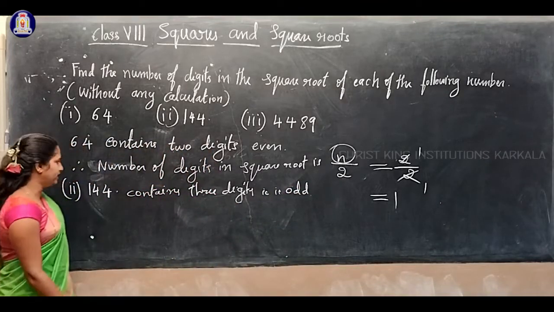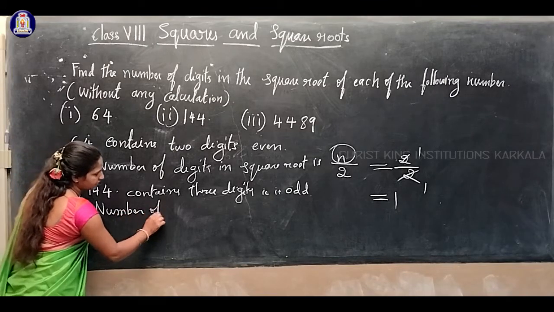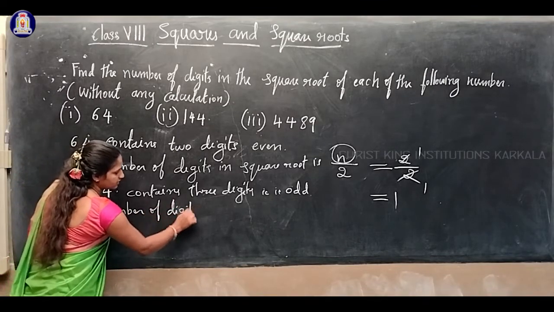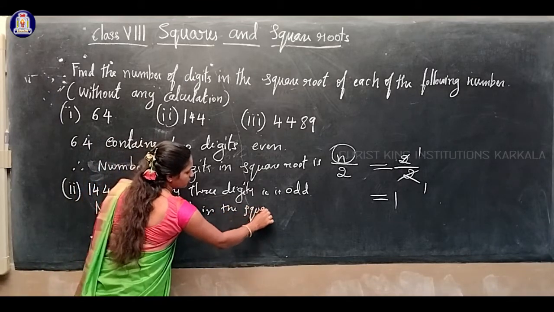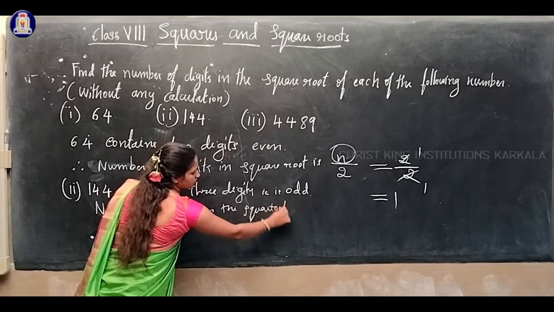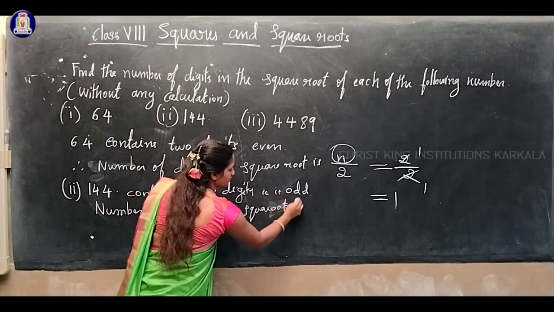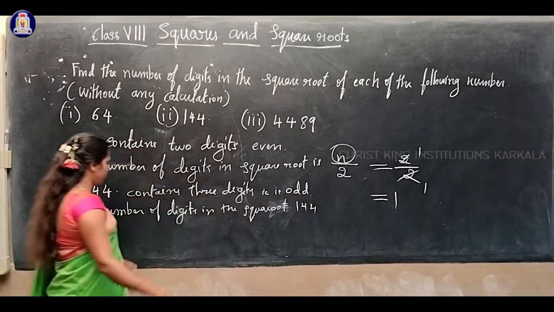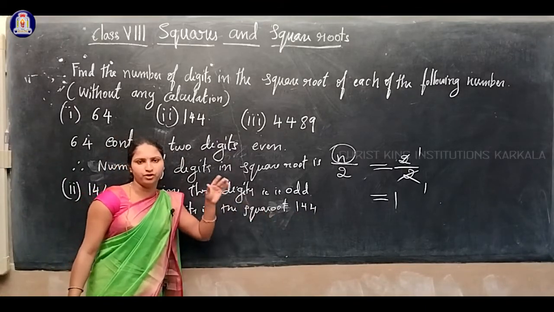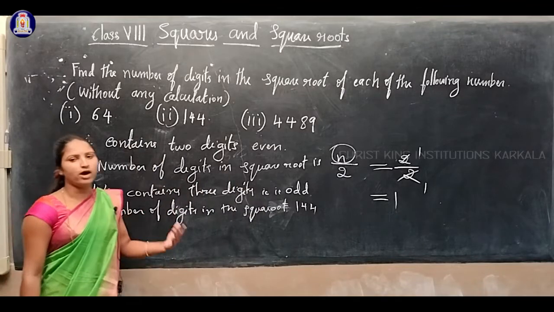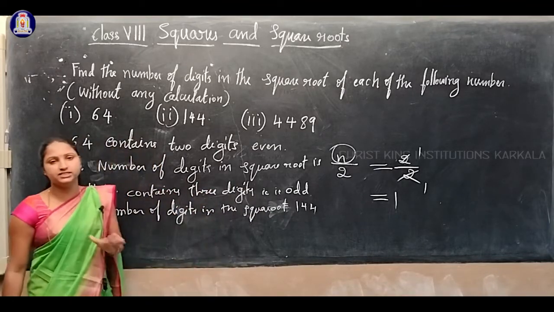So how to find the number of digits in the square root of 144? They did not ask to find the square root of 144, just find the digits.